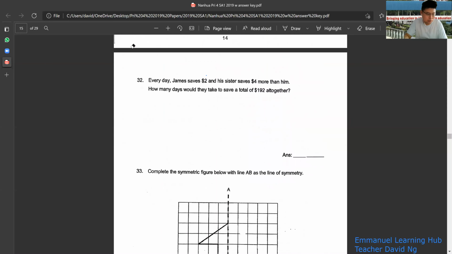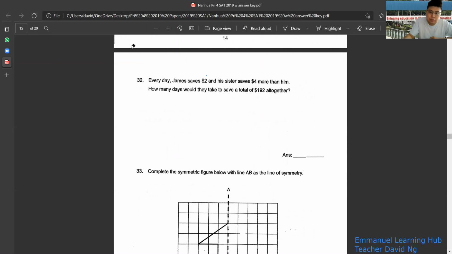Okay, 32. Try question 32. Alright. So eight. 1, 2, 3, 1536?